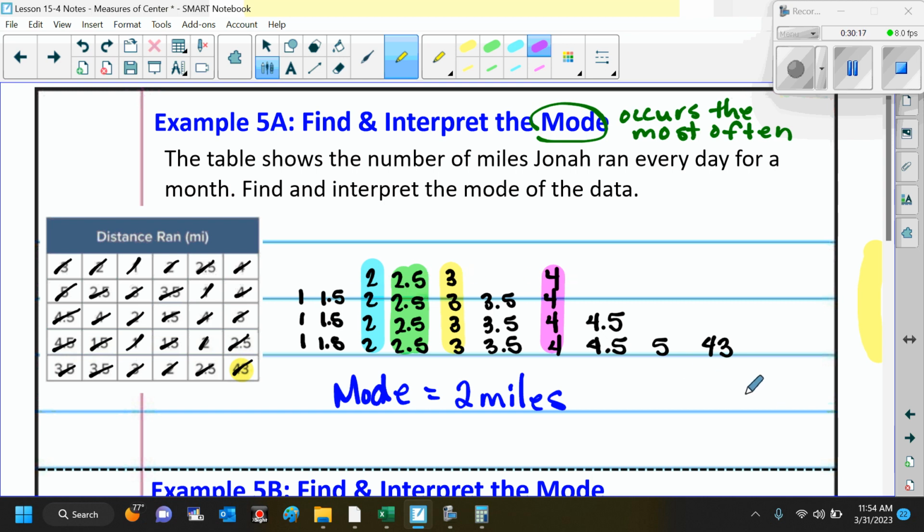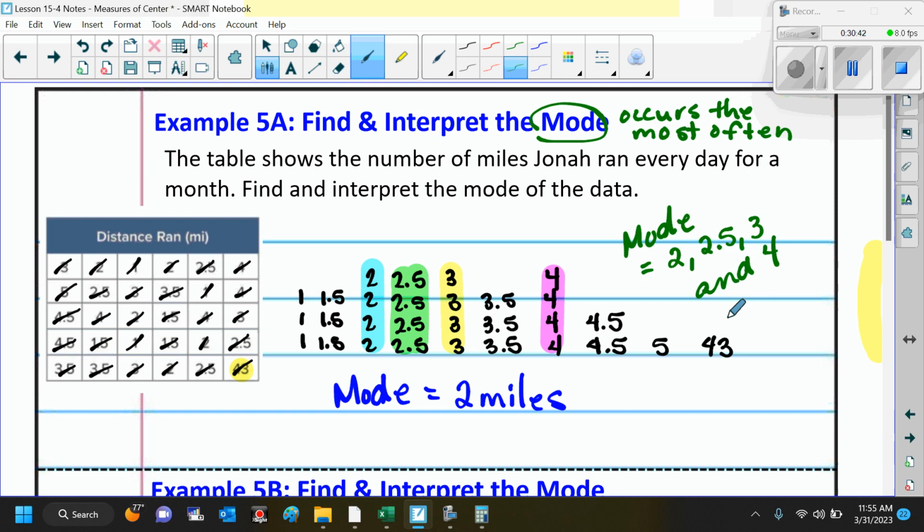In this case, and this is an alternate problem for example 5A, the mode would be equal to 2, 2.5, 3, and 4. So this is an example of when you would have more than one mode.